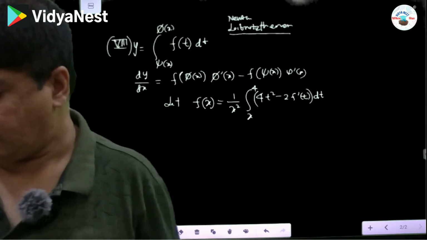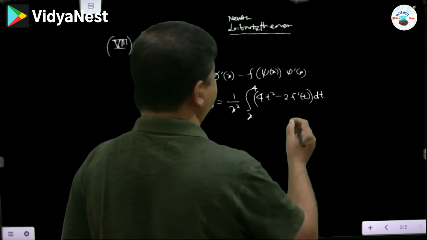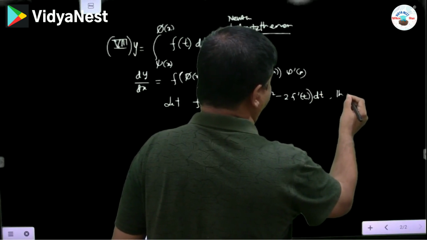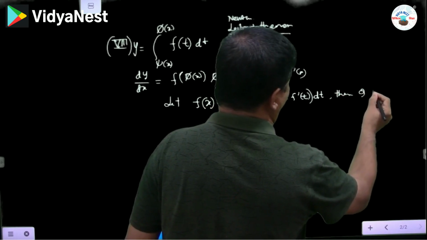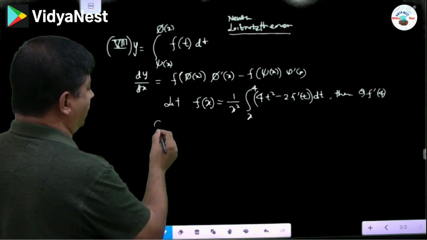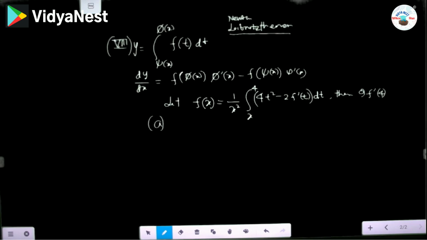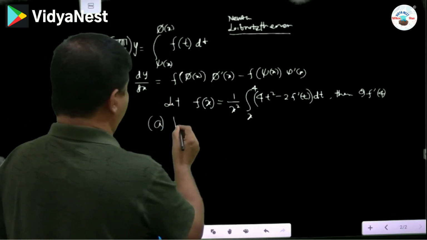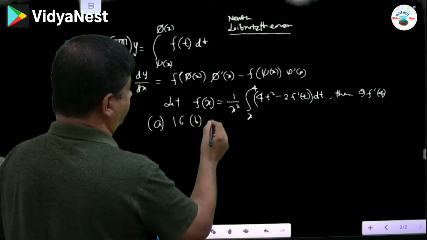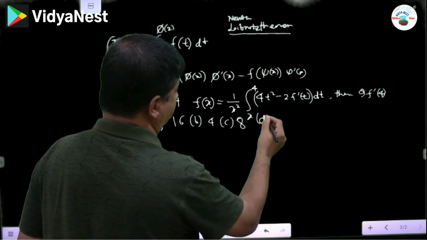Okay. Then 9 f dash 4 will be what? There will be 4 options. Let us give you the options: 16, 4, 8, 32.